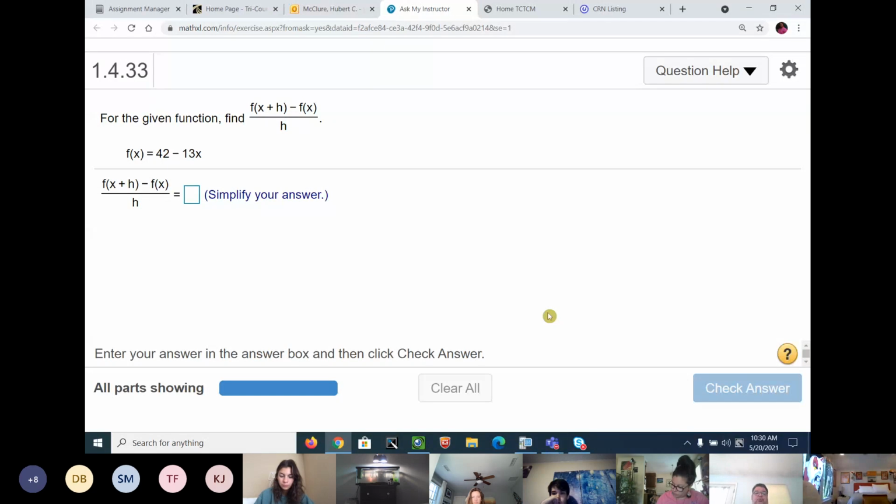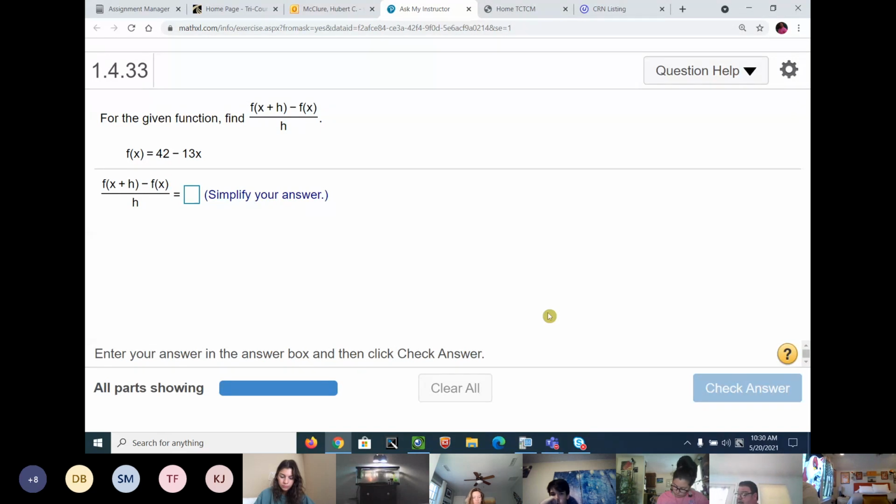So I'm going to write my first part. This is where I used all my colors. f of x plus h minus f of x over h. I'm going to write everything down before I show you my whiteboard. So just chill out.